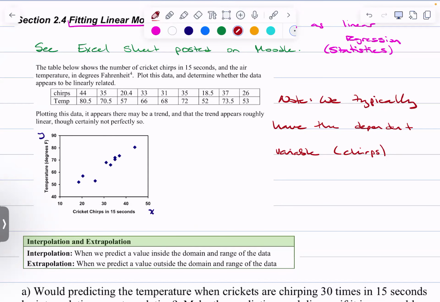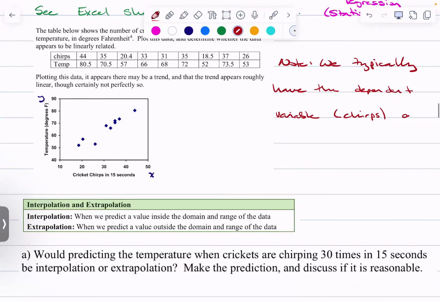And so we typically have the dependent variable, which is the chirps in this case, on the y-axis, and the independent variable, which would be the temperature in this case, on the x-axis.